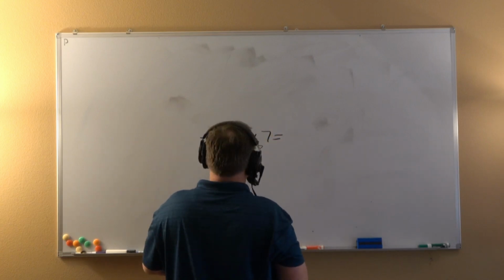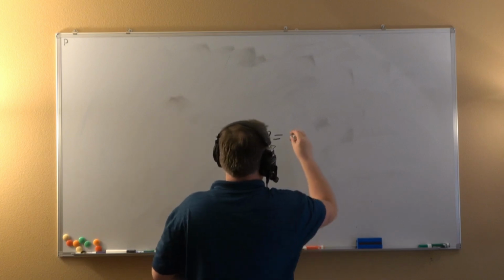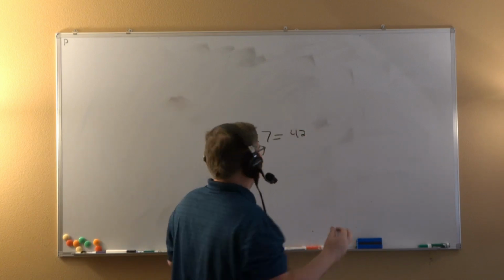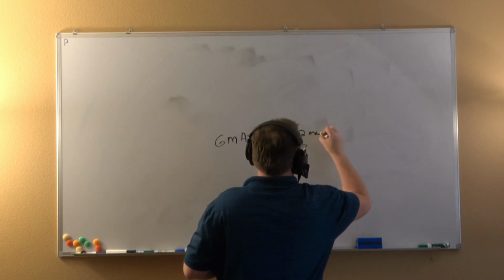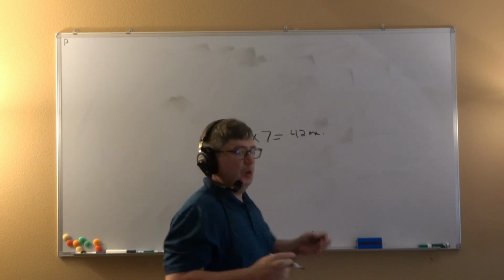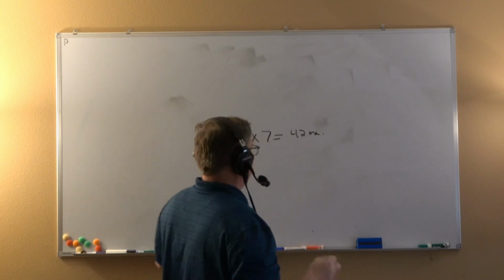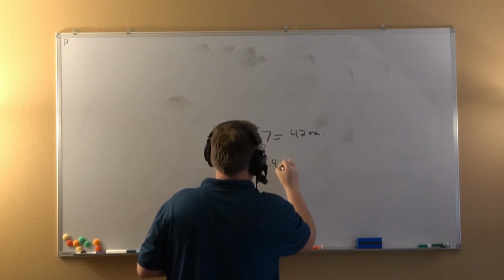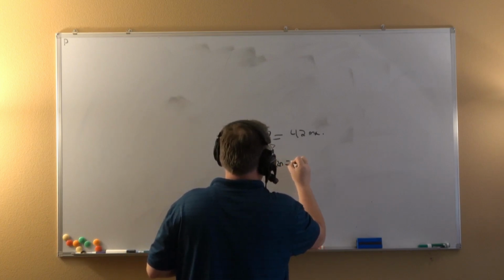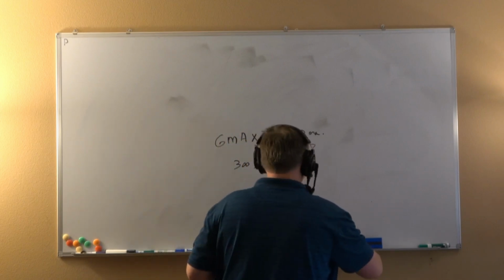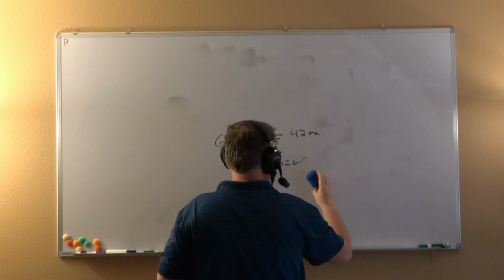Okay, that's 42. I can count on my fingers. 42 milliamps. So our question is, we go back to the data sheet. 300 is greater than 42. Therefore, it'll be fine.